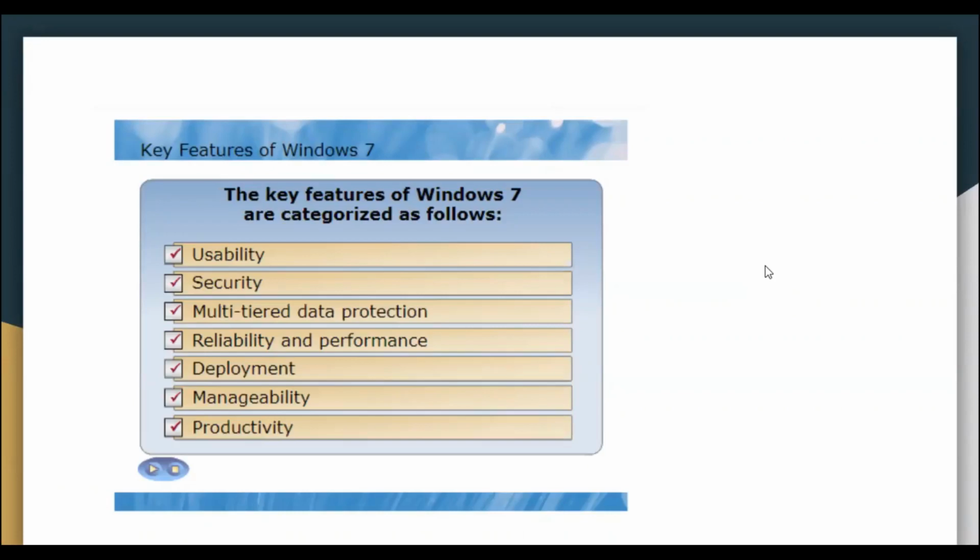The key features of Windows 7 are categorized as follows: usability, security, multi-tier data protection, reliability and performance, deployment, manageability, and productivity.